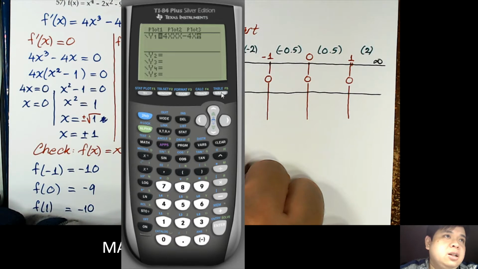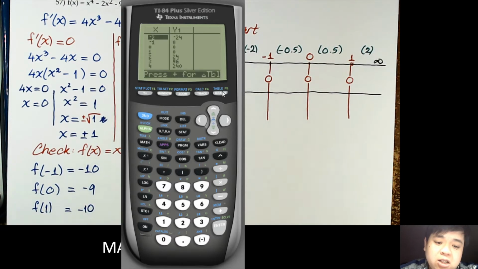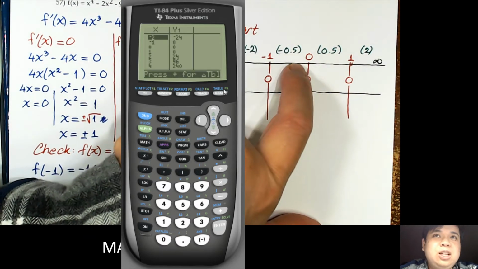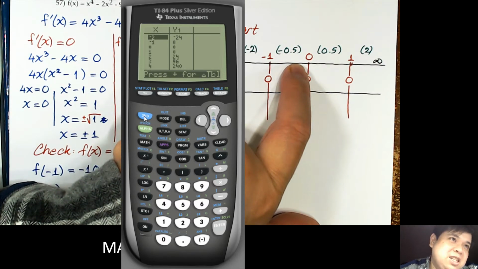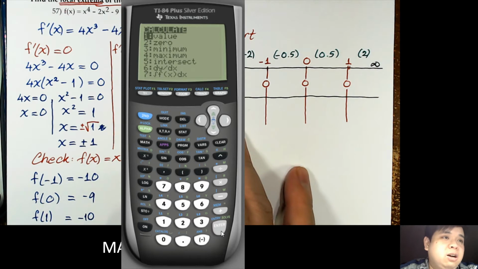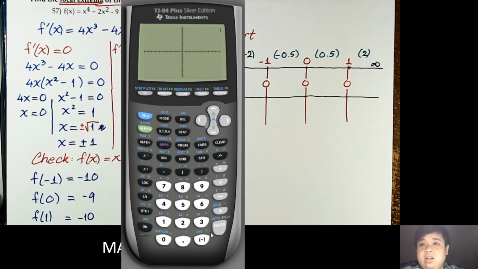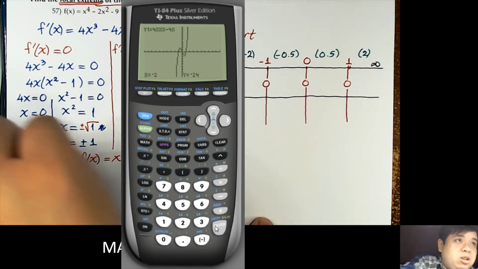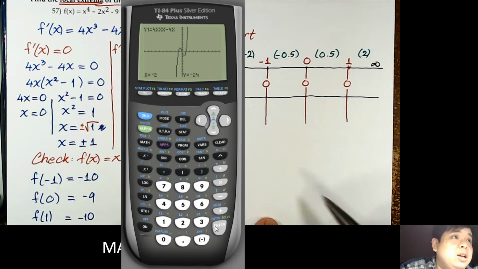Second table doesn't give us the fractional values, so in that case we use second trace, then we can enter the decimal values, or any fraction, any rational numbers.